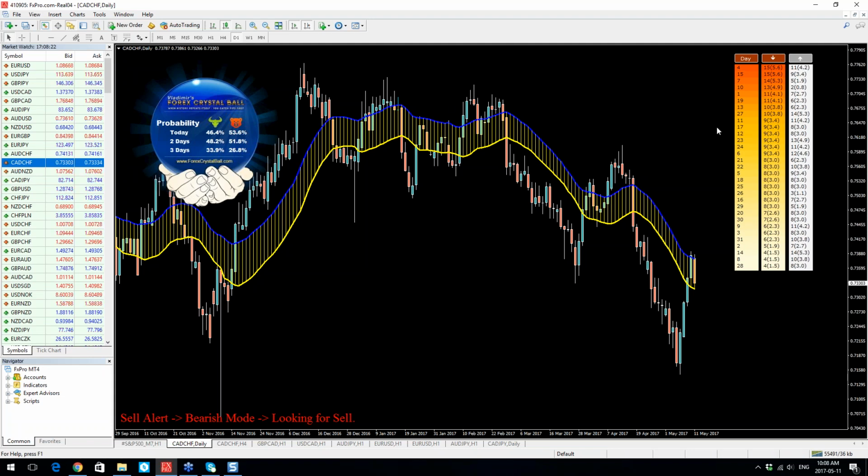One of them is the statistics, which I explained in the previous meeting. The other one is the crystal ball itself, which gives us the percentage and the probability for a specific day, or 2 or 3 in a row, to be bullish or bearish. Once we get this combination, it becomes very powerful.